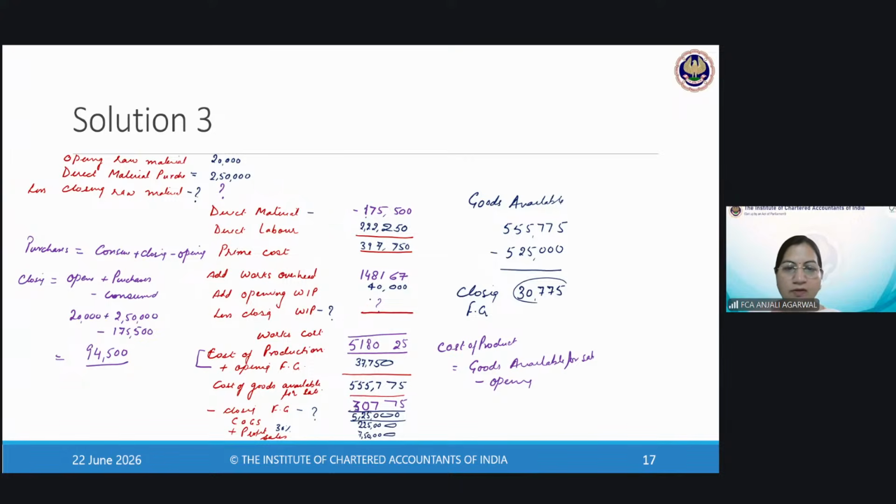So this figure so far becomes 5,85,917. And from this you will subtract the closing work in progress and you will get 518025. So 5,85,917 minus 518025 gives you the closing stock of work in progress. So this is 67,892. Okay.